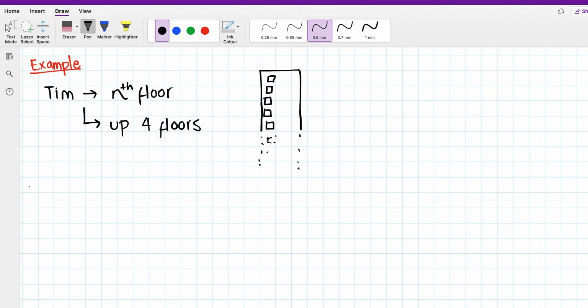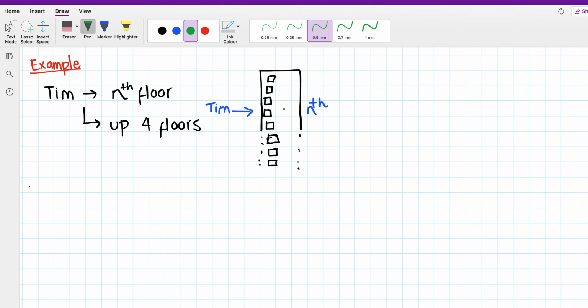Because I don't want you to think that it's only going to be 1, 2, 3, 4, 5, 8 floors. We don't know, but I'm going to say that Tim is here. What floor is that one? We have no idea. We know that it is the nth floor, so we know that this one is N.